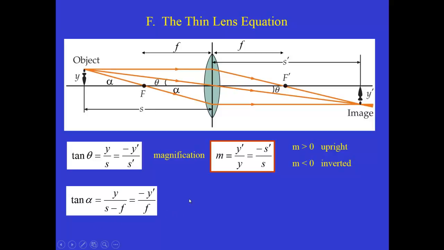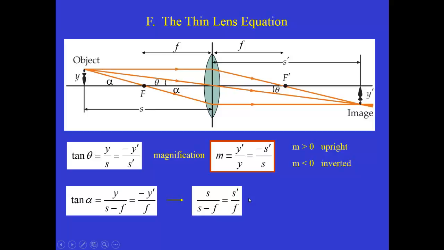So now what we'll do is take the magnification equation and the relationship here between y prime and s prime and substitute that into this equation that came from the tangent of alpha. And I'm going to skip the steps, but when we do that, you'll be able to see that you'll eliminate the quantities y and y prime, and you'll end up with an equation that just relates s, f, and s prime.